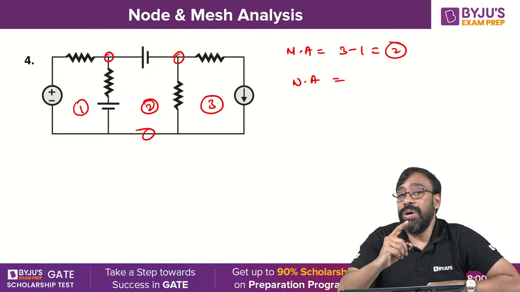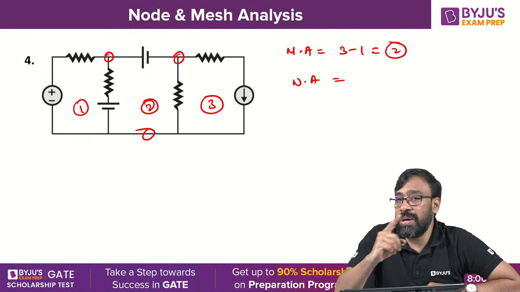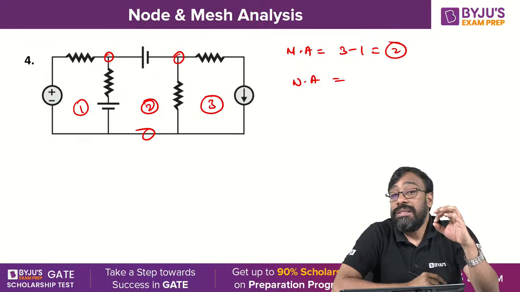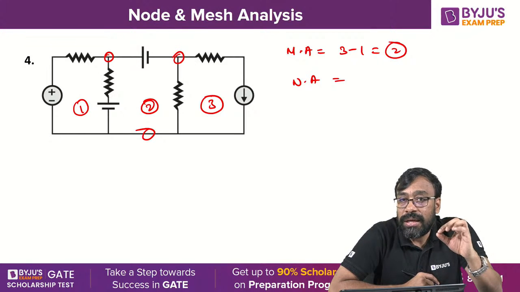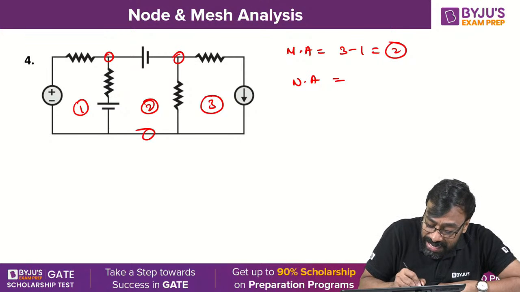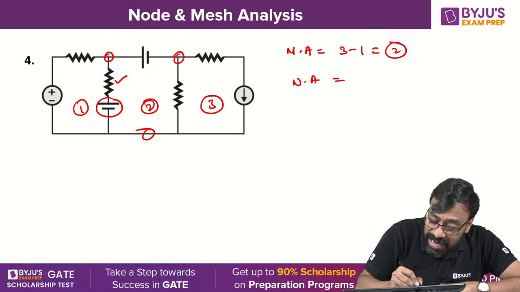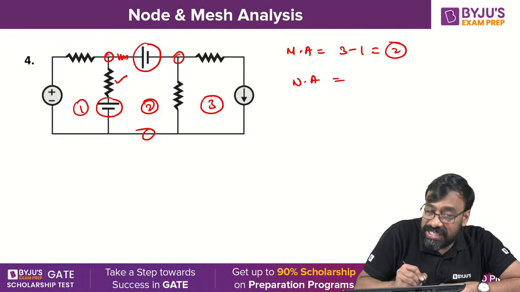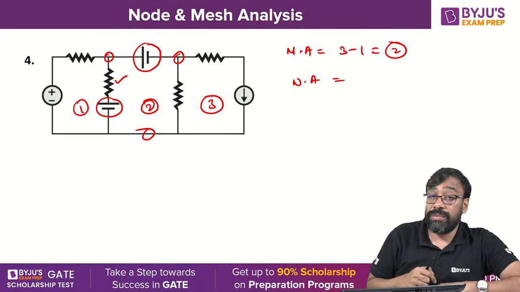Whenever you are counting the minimum number of equations using node analysis, the first point you have to check is whether the circuit contains any ideal voltage sources without series resistors. Look at this. This is an ideal voltage source, but it has a series resistor. This is an ideal voltage source, but it doesn't have any series resistor. Yes or no, all of you?